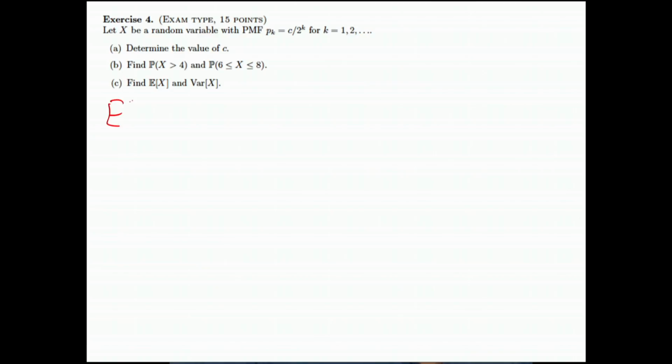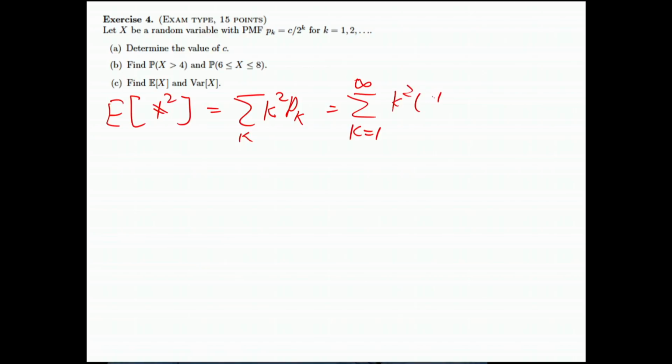So now the expectation of X squared is the sum over all possible outcomes of the function times the weighting, which means k from 1 to infinity, k squared times 1 over 2 to the k. And here is 1 over 2 squared.